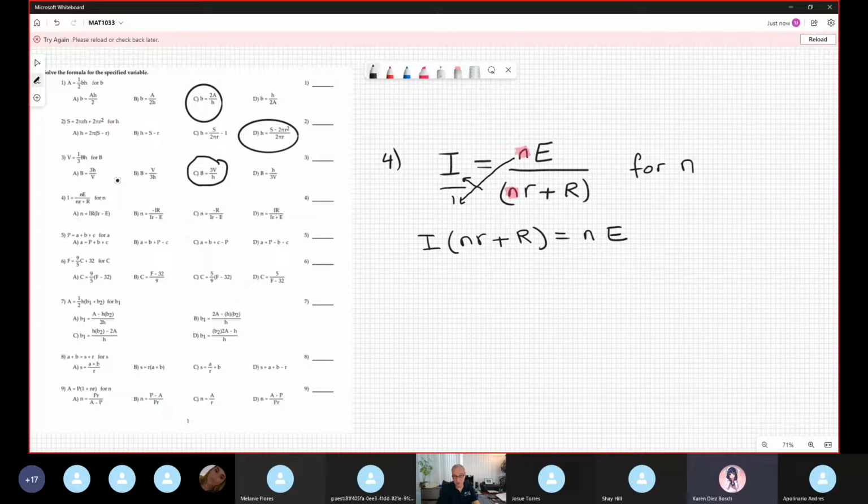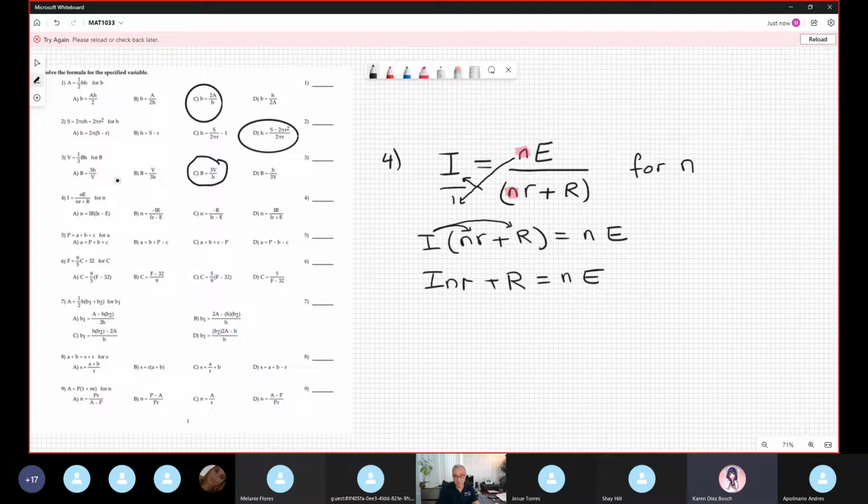So this is a whole, multiplied by I, and this is 1 multiplied by n. Yes or no? Now remove the parentheses. Apply distributive. I n r plus I r equals n e.